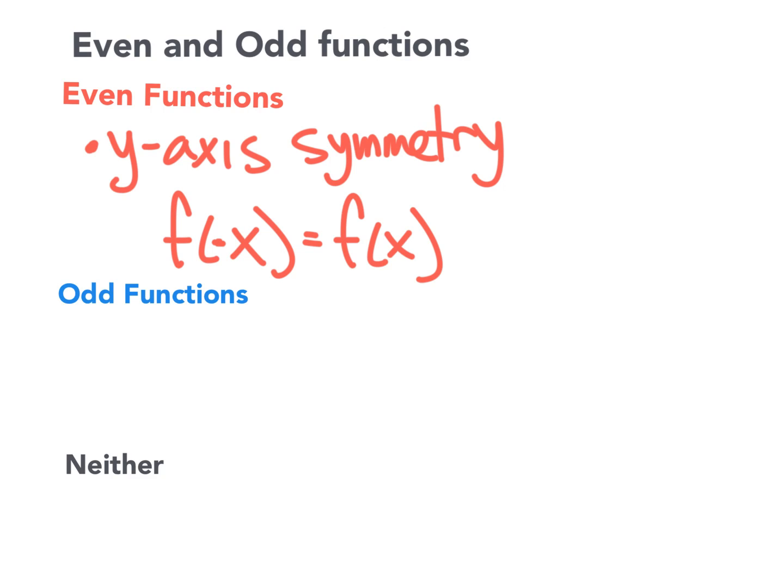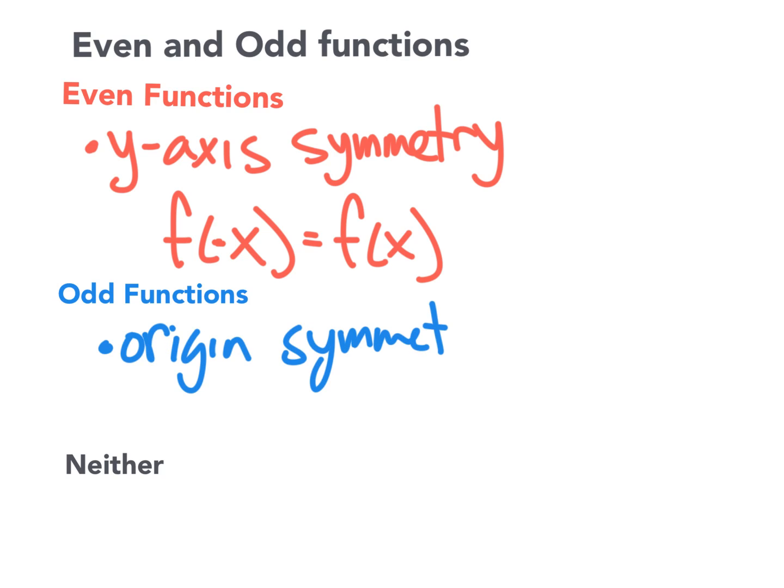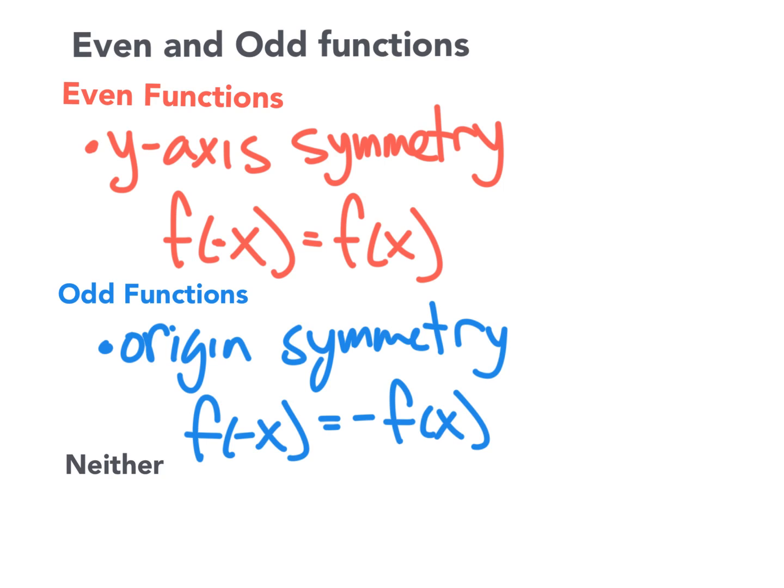Now, odd functions have origin symmetry. And if you replace all of the x's with negative x's, you get back a completely changed equation. You get negative f of x. So every single sign will change. If it's neither, either just some of the signs change, or it's not y-axis symmetry or origin symmetry. Okay, so watch out for neither as well.